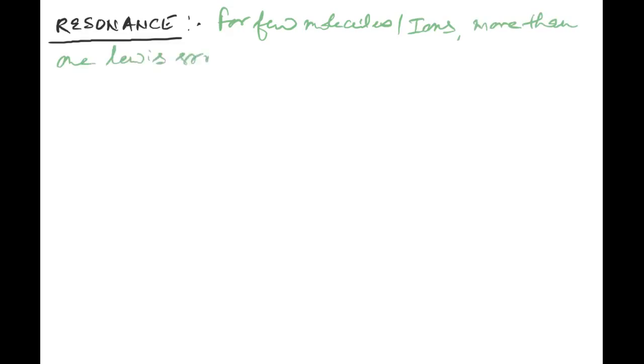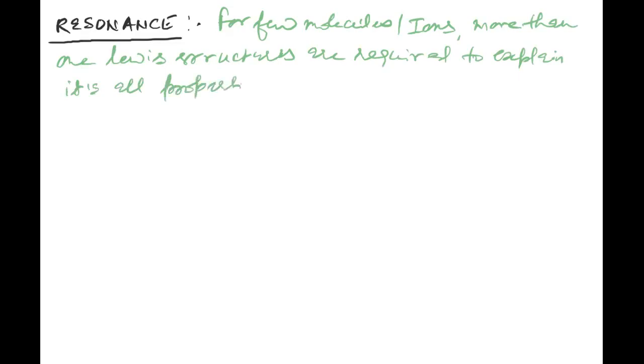In resonance, for a few molecules or ions, more than one Lewis structure is required to explain all its properties.